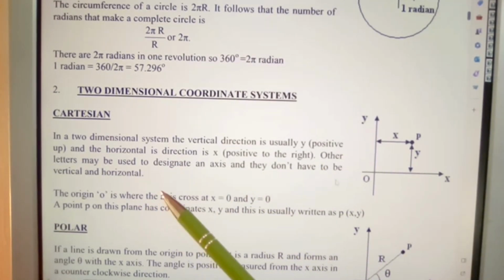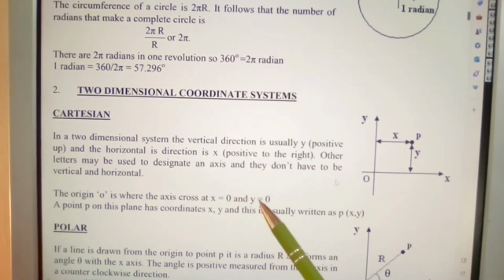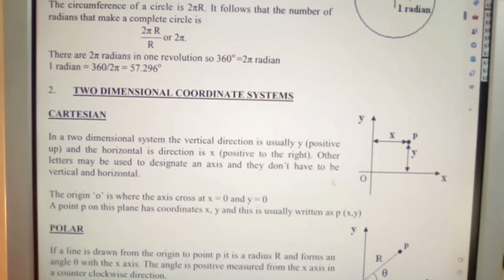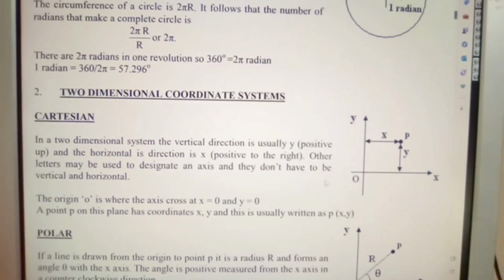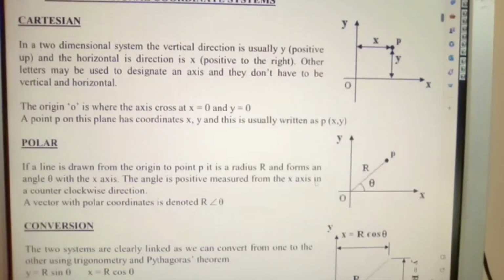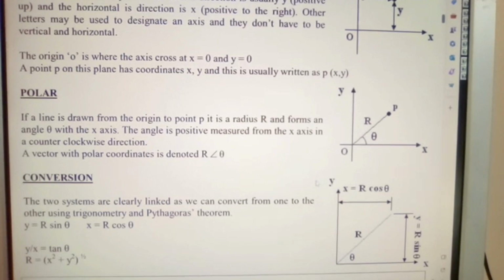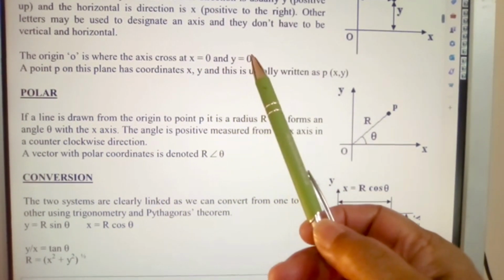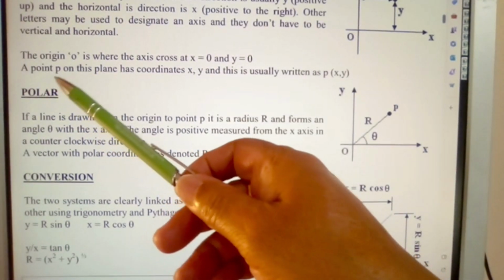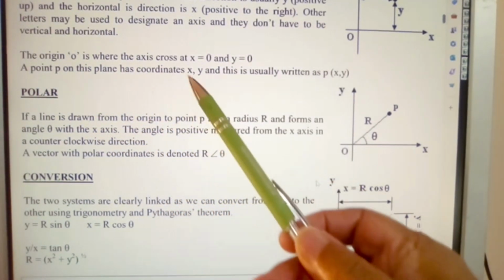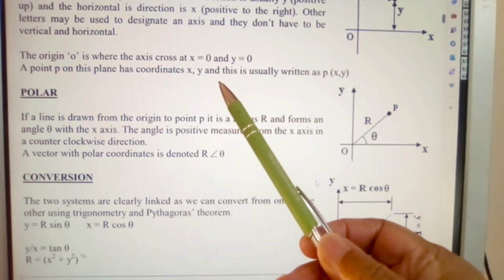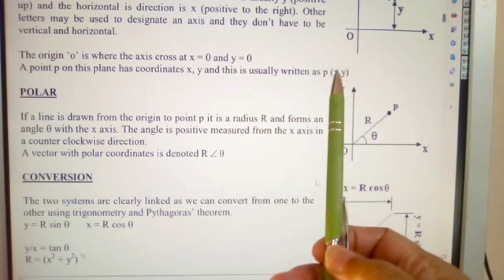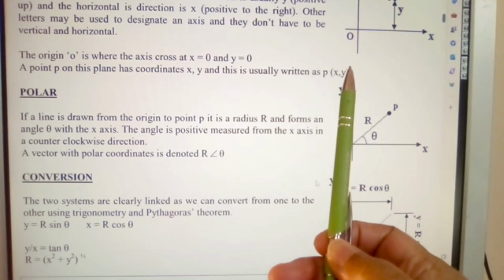Other letters may be used to designate an axis, and they don't have to be vertical and horizontal. The origin O is where the axes cross at x equals 0 and y equals 0. A point P on this plane has coordinates x and y, and this is usually written as P(x, y) in closed brackets.